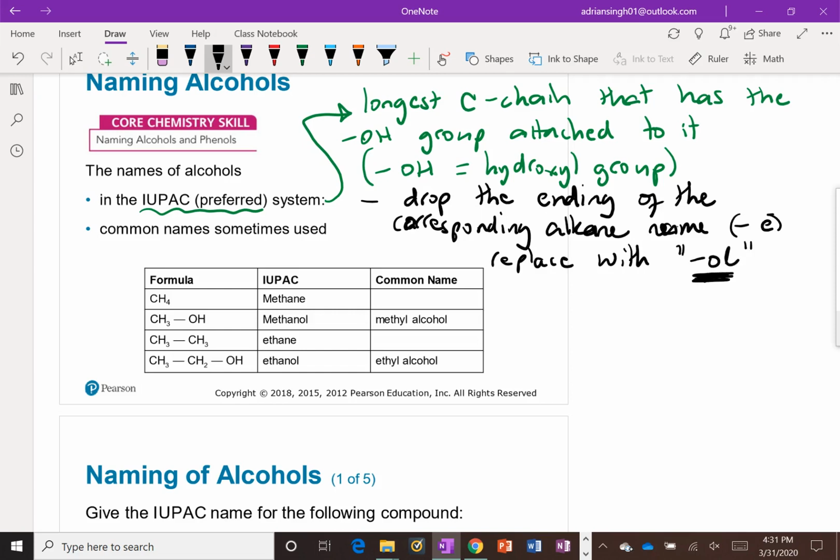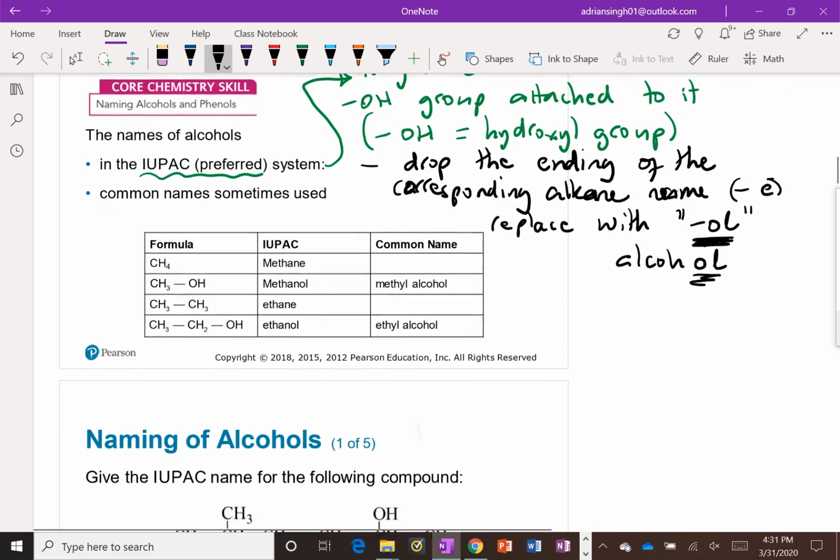Right, so that OL in the name tells you that it is an alcohol. The ending here tells you what functional group it belongs to.